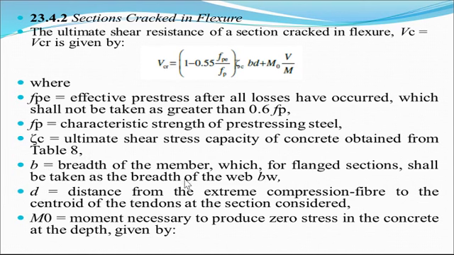And b is the breadth of the member, which for a flanged section shall be taken as the breadth of the web, that is bw. d is the distance from the extreme compression fiber to the centroid of the tendons at the section considered.